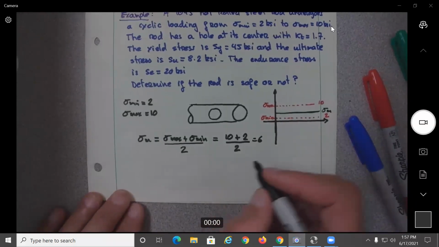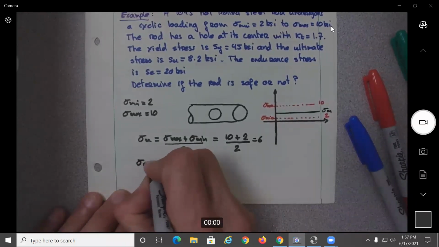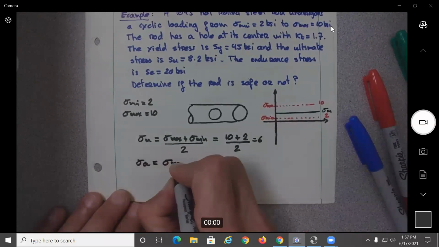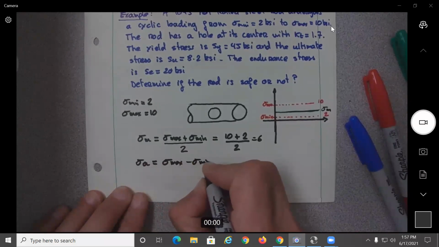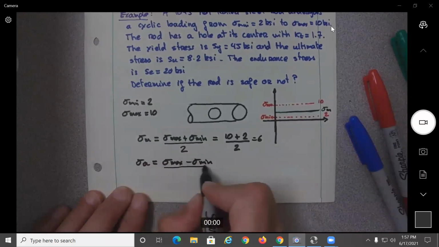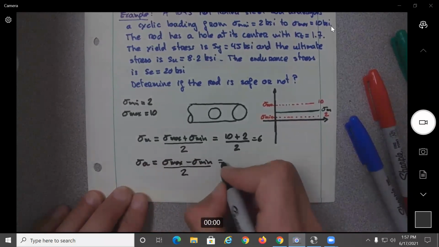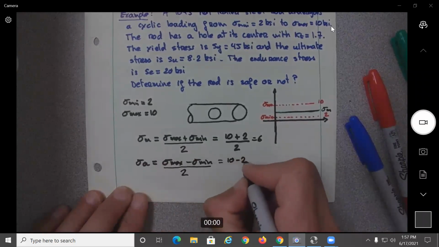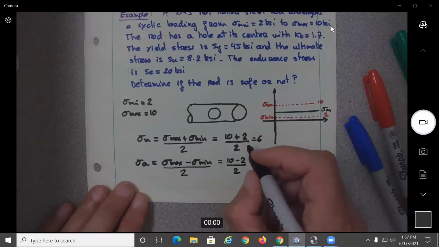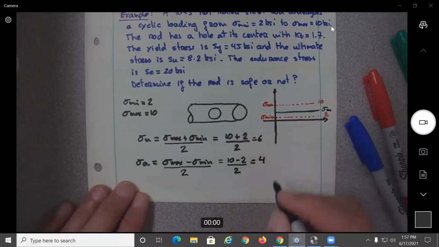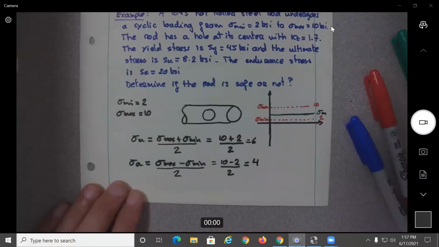Okay, and the value for the alternate will be sigma max minus sigma minimum divided by 2, which would be 10 minus 2 divided by 2, which would be then 4. Okay, so what does that mean?